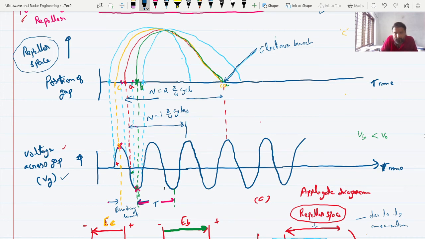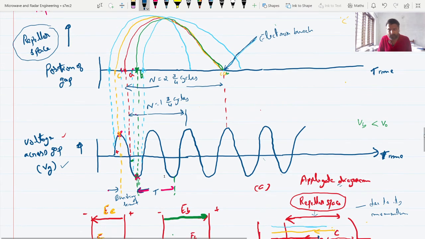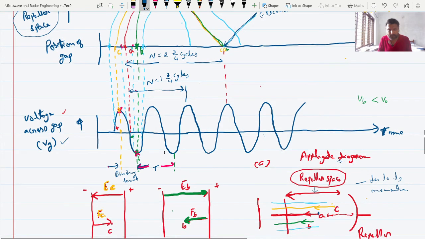This is 2 3/4 cycles. This is what is indicated here. This figure is figure A, and all of this is called the Applegate diagram. I can call the other one figure B.